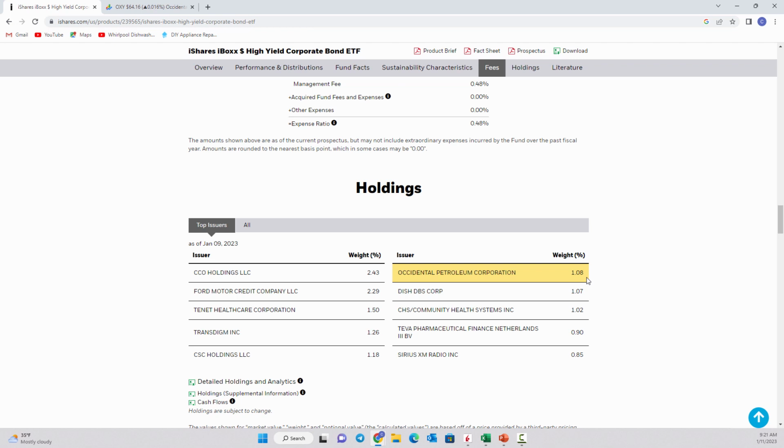If the company does not make it through and they default on their bonds, not only is that a huge black mark for the company, but it's a very bad thing for you as an investor. As an investor, the first thing you want when you buy a bond is to make sure that your bond investment is going to be paid back to you at maturity. That's the first thing you want to make sure of.